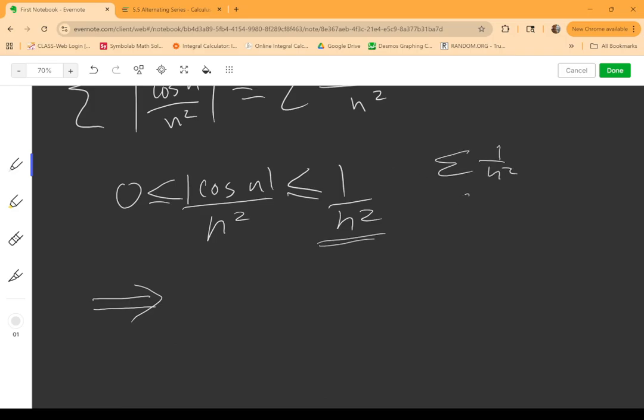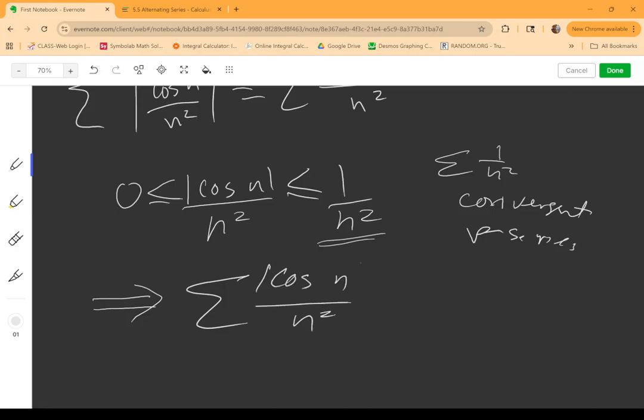again, a reminder, convergent p-series. So what that tells me is that this is less than that, so the absolute value of cosine n over n squared is convergent by the comparison test.